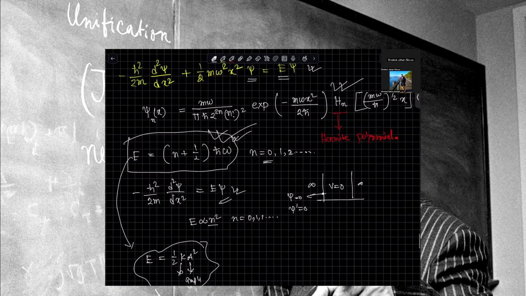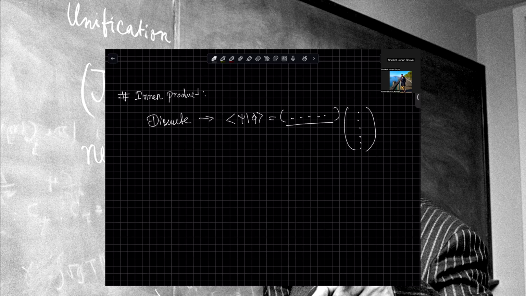But before that, I think someone mentioned the inner product in infinite dimensions. So let's just take a detour. The inner product, discrete, is just like this. If you are working with some discrete or finite stuff, you'll have a row and a column multiplication, something like this.